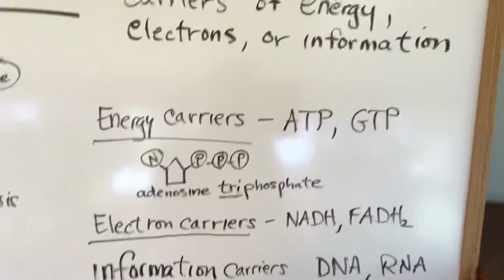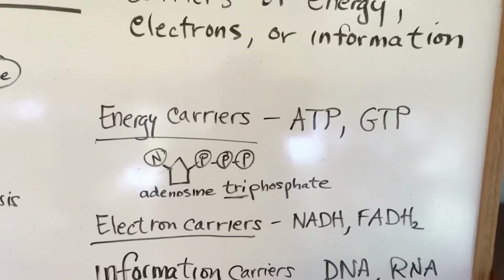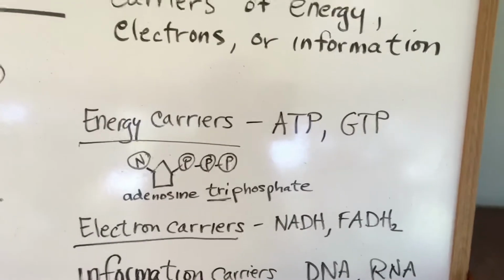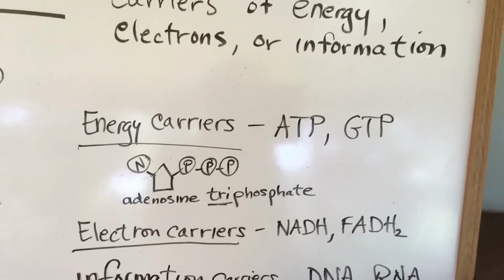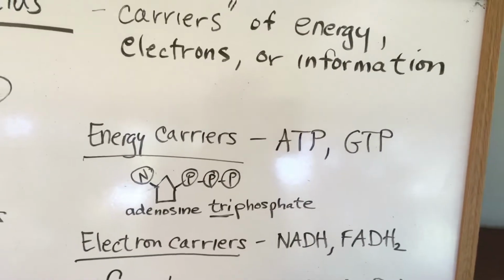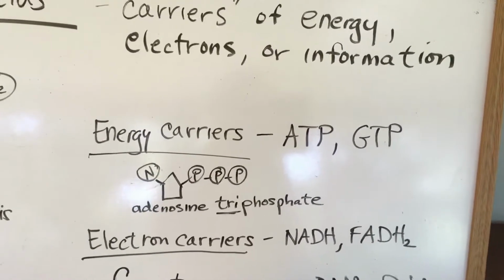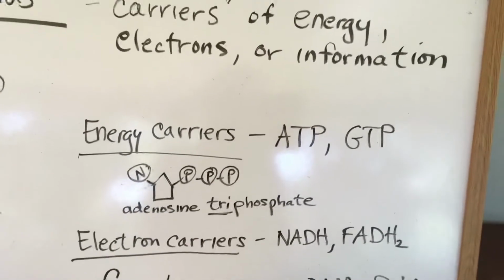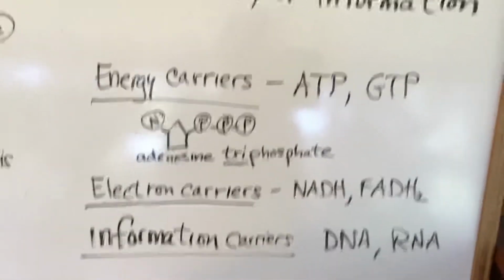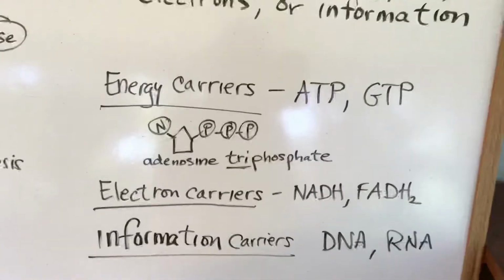Some examples of electron carriers are NADH and FADH2. There are some other ones too, and you're going to meet these when we talk about respiration. They are going to be carrying excited electrons from one location to another without them losing energy, which is an important feature. And then lastly, we can have information carriers.